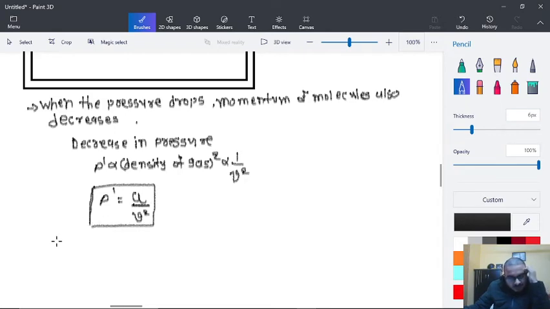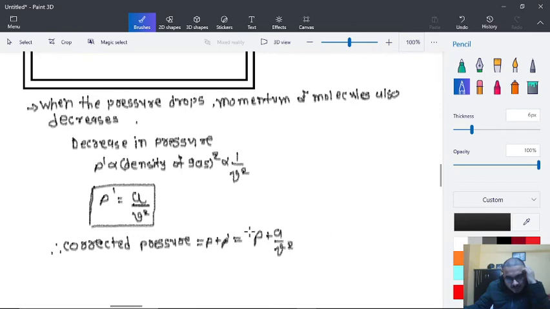So the corrected pressure is equal to P plus P prime, which is equal to P plus A by V square.